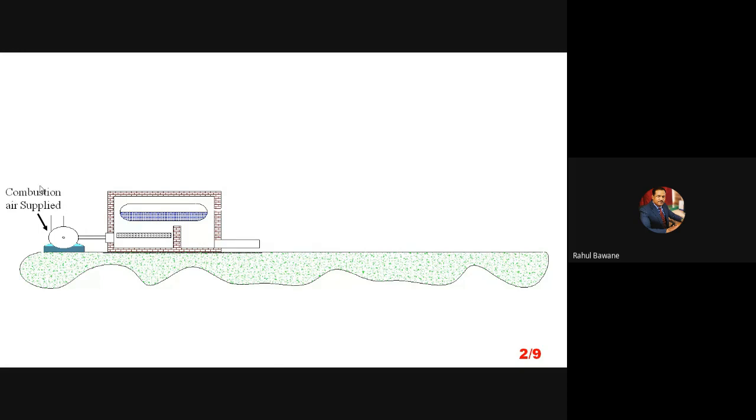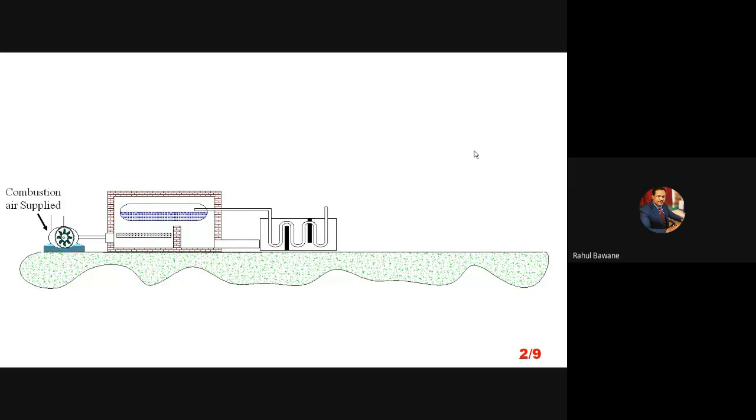So this high pressure supplied air is used to burn the fuel as well as to assist the hot flue gases to move ahead and exhaust into the atmosphere. When we run this blower, it will suck air and blow it at a certain high pressure.